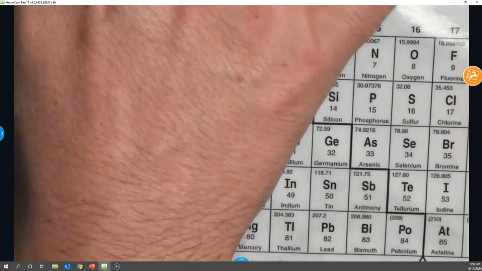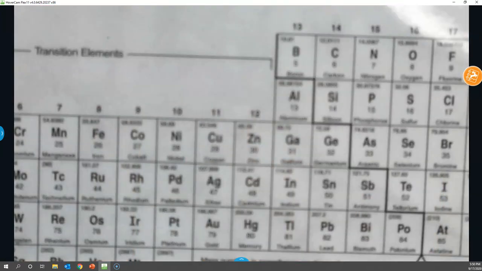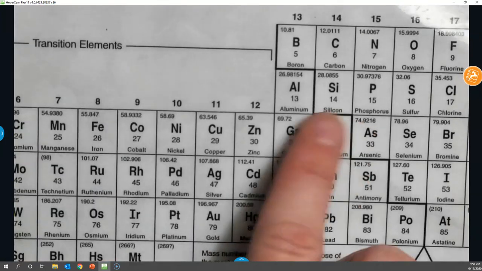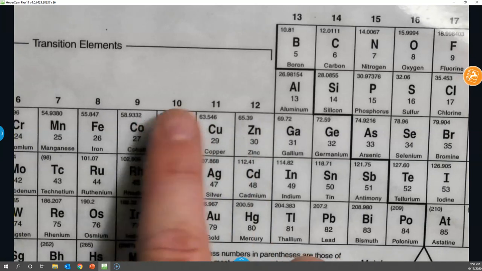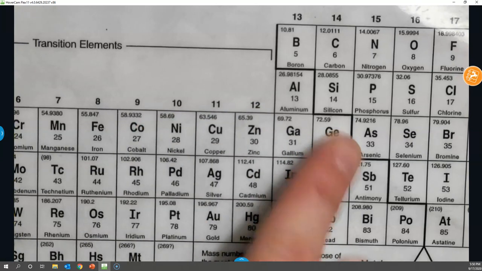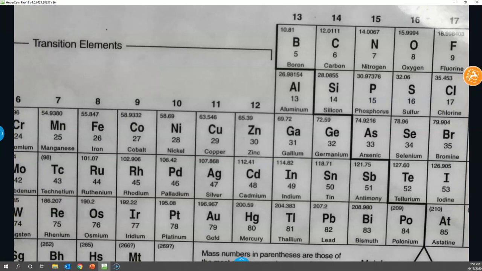There we go. All of the masses for the elements are decimals. This should tell you that the periodic table does not give you the mass number. We'll talk about what the periodic table gives you later in this discussion.